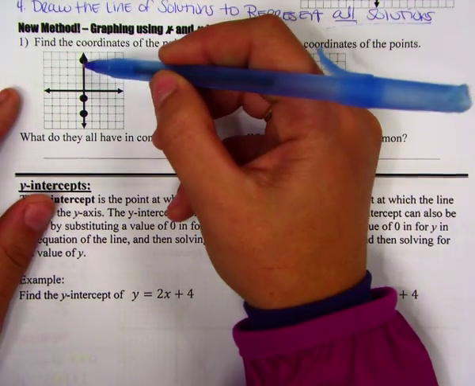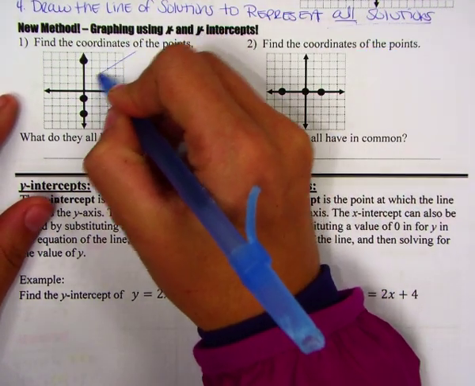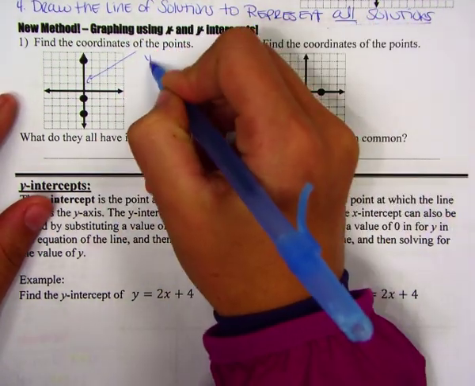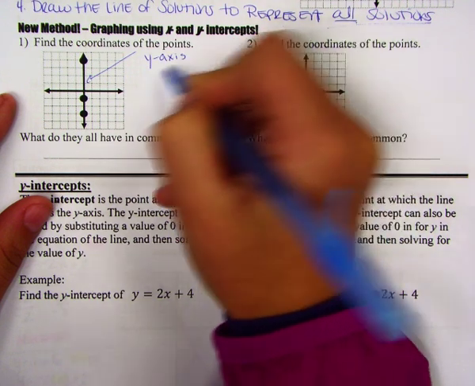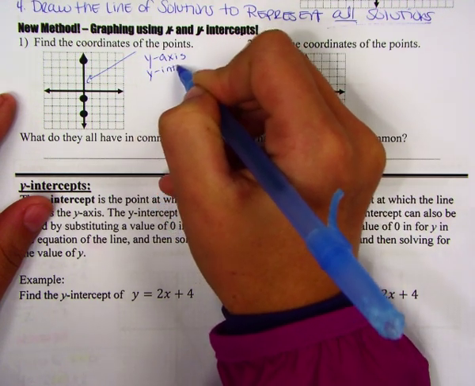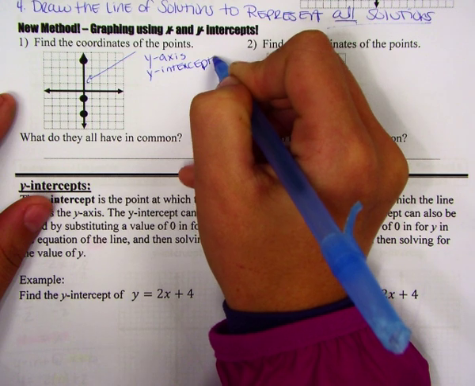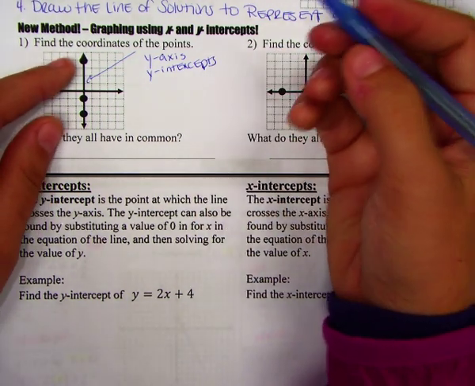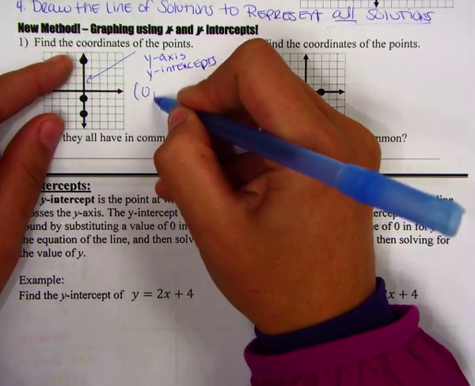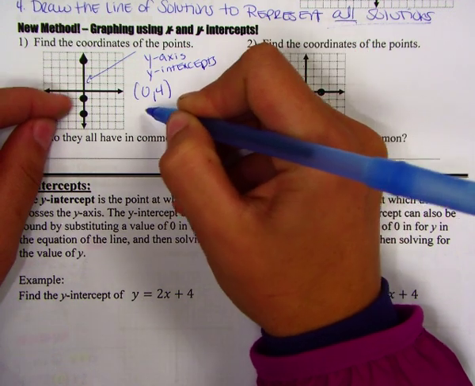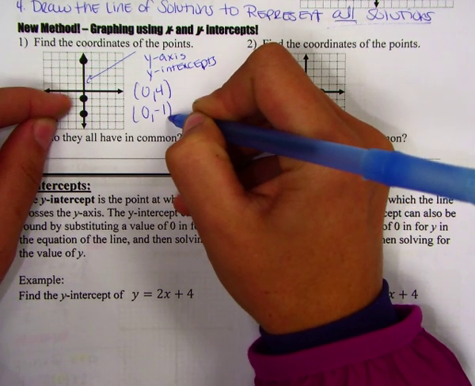And so these points, these all intersect the y-axis. So these would all be y-intercepts. Let's see what they have in common. This point is 0, 4. This point is 0, negative 1.